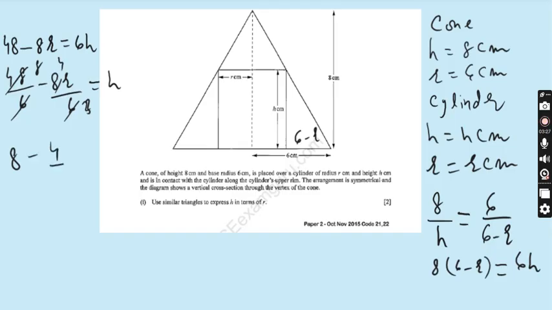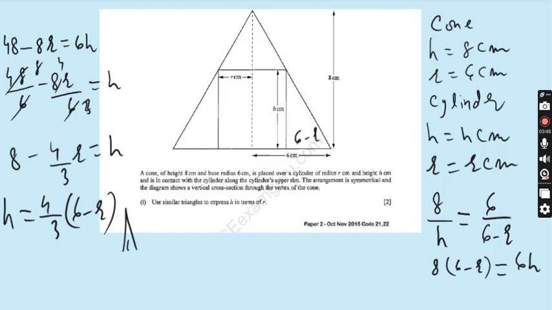So 8 minus 4 upon 3 r is equal to h, or you may write h is equal to, taking the LCM 3, 4 upon 3 into 6 minus r. So this is the answer of part 1. Use similar triangles to express h in terms of r. So h is equal to 4 upon 3 multiplied by 6 minus r.